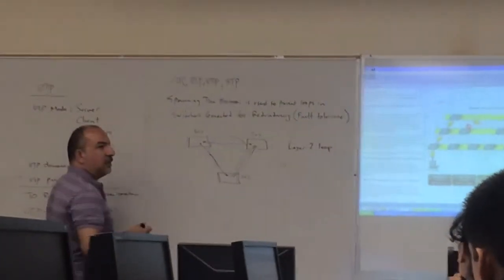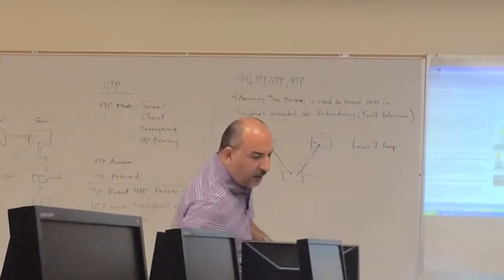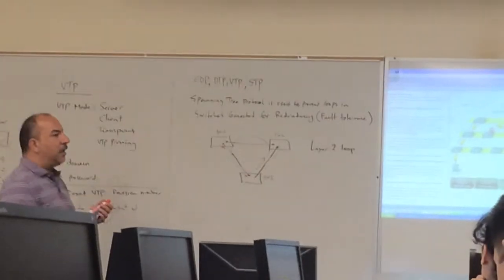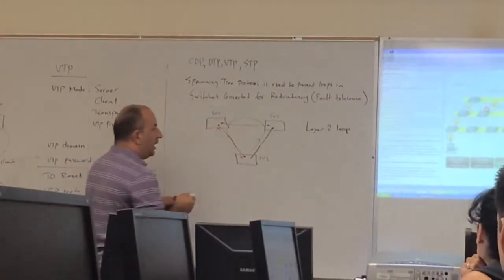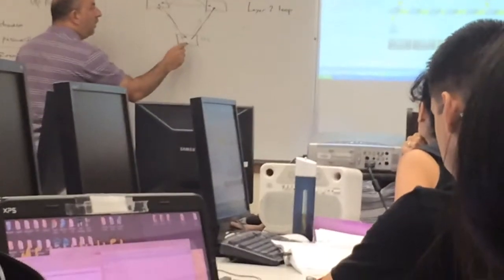So let's say for this example, I'm going to choose to block the traffic here and here. So the traffic that comes out of this switch has only one way to go out, which is which one? This way.